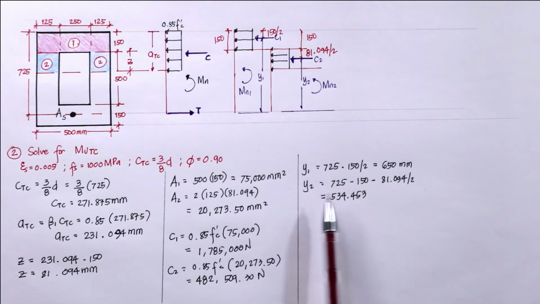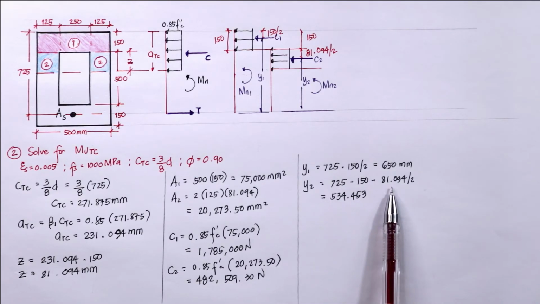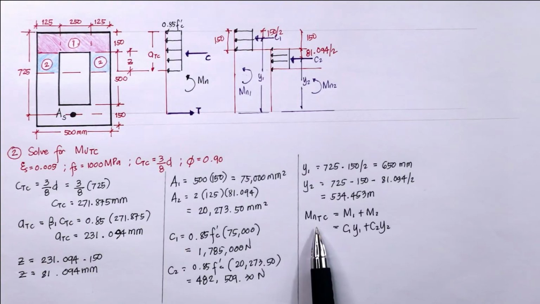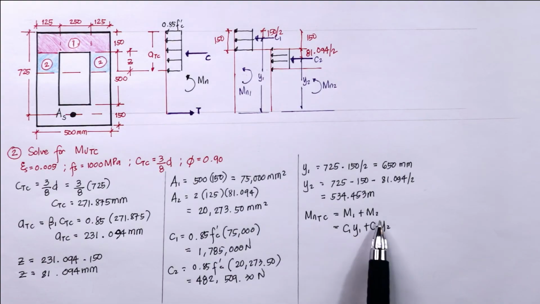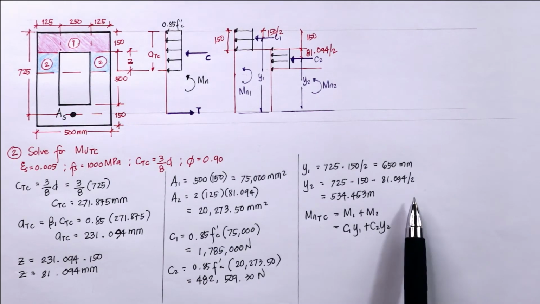For Y2, 725 minus 150 minus 81.094 over 2. Then the value of Y2 is equal to 534.453 millimeter. Solving for the value of nominal moment when tension controlled is equal to M1 plus M2. M1 is equal to C1Y1, plus M2 is equal to C2Y2. Meron na tayong value ng C1, C2 at Y1 and Y2.